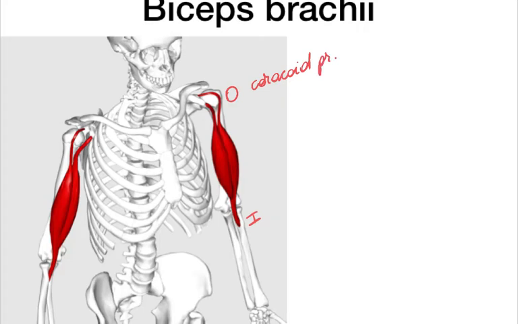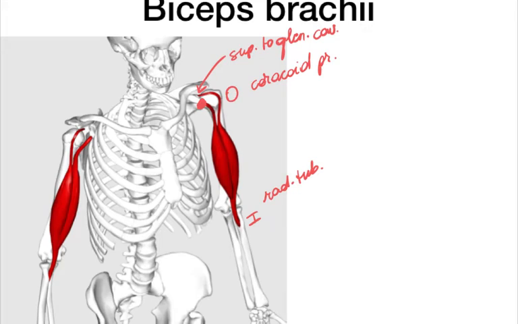Remember, that's that raven's beak right here. And then also there's going to be an origin just superior to the glenoid cavity, just above it somewhat. And then it's going to insert onto the radius, and more specifically the radial tuberosity.